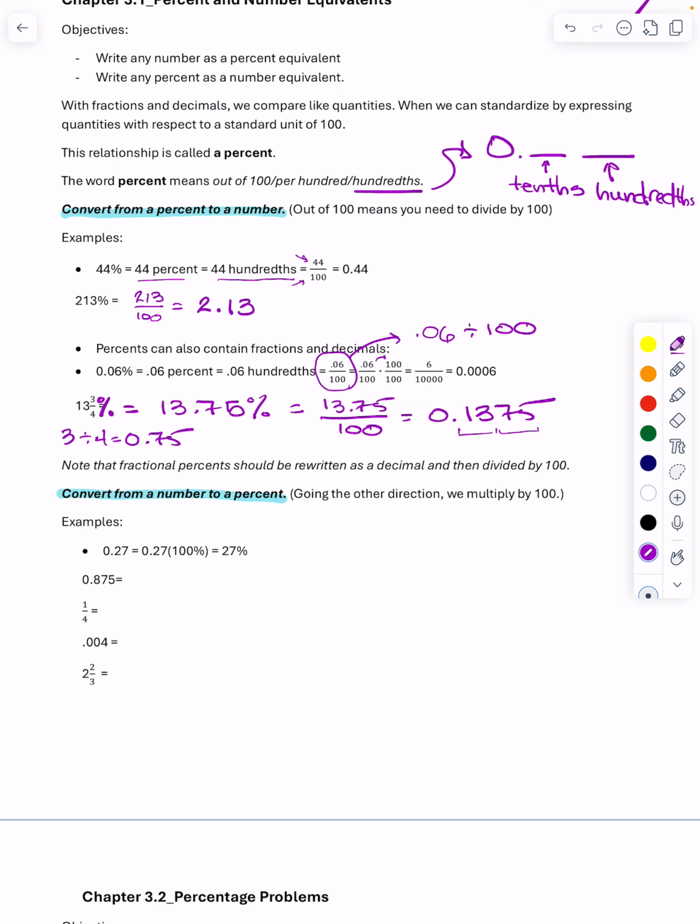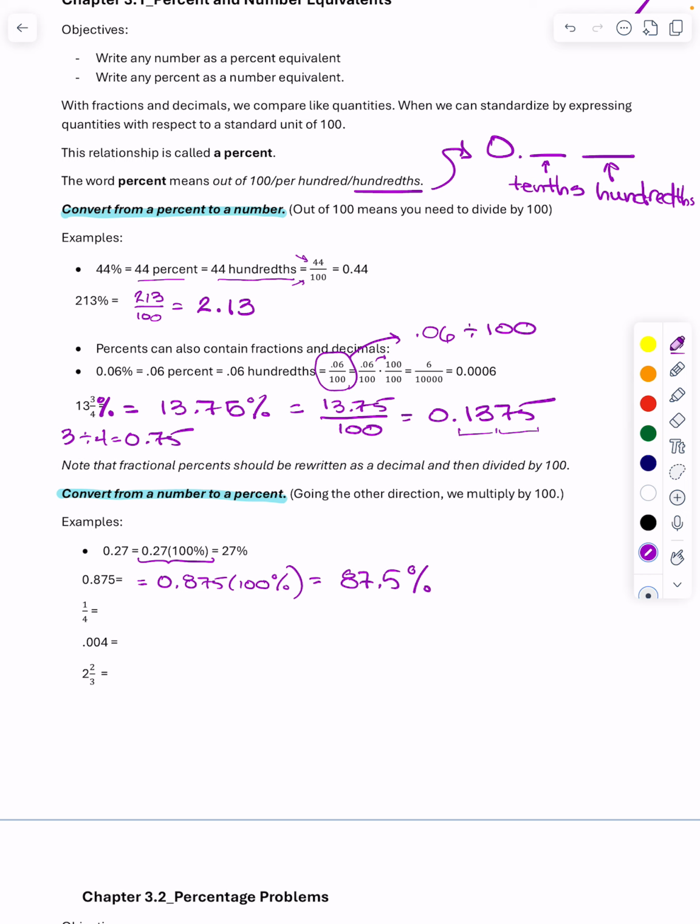So notice here in my example, when I multiplied, I didn't just multiply the 0.27 by 100. I added the unit. I added the percent symbol as a reminder that when I get my answer, it should include the percent. So again, at any point here, you can stop the recording, give this a shot, and then come back and check your answers.